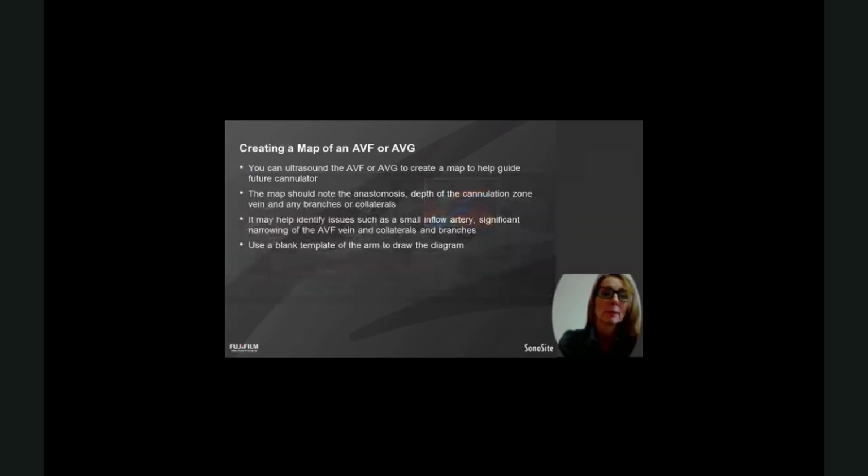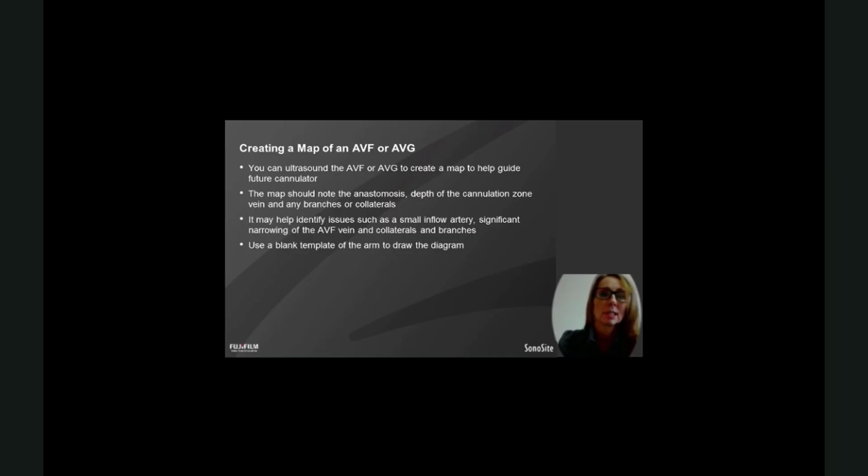So creating a map of an arteriovenous fistula or graft, you can ultrasound the graft to make a map, and this helps to guide future cannulators. It helps as a bit of a history, so we can refer back to it in the coming months or years to see if there's been a change or if there are any concerns that we had, whether they've worsened.